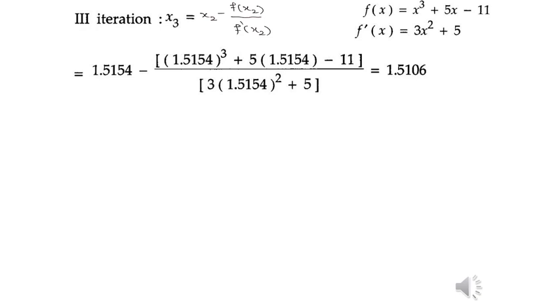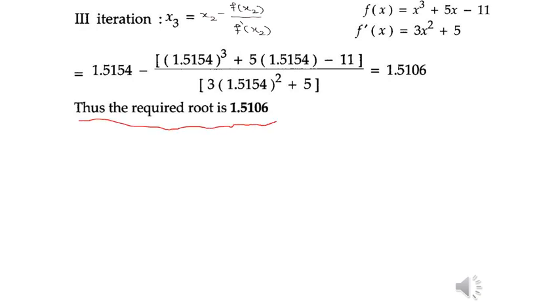See, this is our f of x which we have put here, and f dash we have used in the denominator here as per the formula, and simplify using a scientific calculator, you will get this. So we have done 3 iterations, that is sufficient, and hence the required answer is 1.5106.